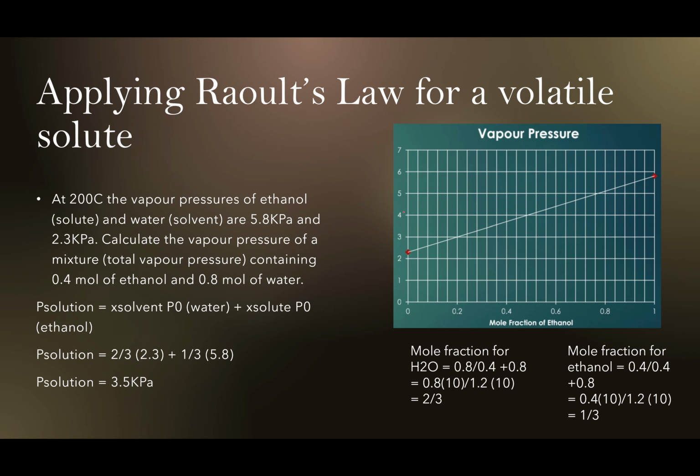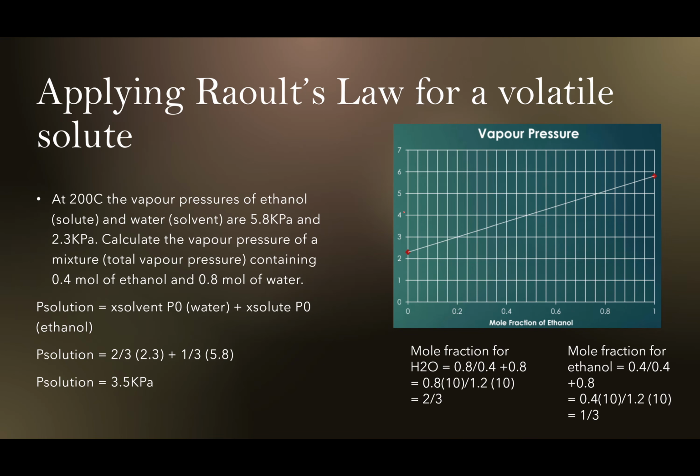At 20 degrees Celsius, the vapor pressure of ethanol, the solute, and water, the solvent, are 5.8 kilopascals and 2.3 kilopascals respectively. Calculate the total vapor pressure of the mixture containing 0.4 moles of ethanol and 0.8 moles of water. Now this makes sense.